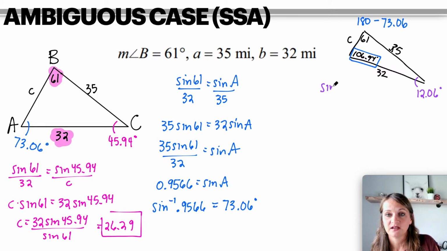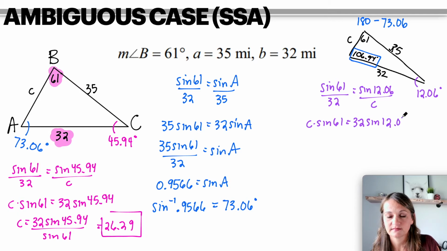Now, sine of 61 over 32 equals sine of 12.06 divided by little c. Cross multiply and divide, and little c would then be 7.64.